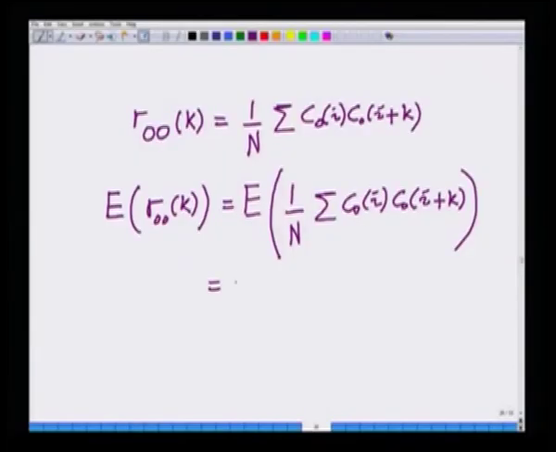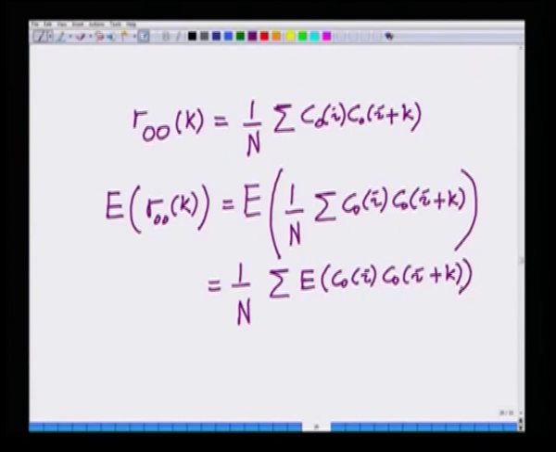Since the expectation operator is linear, I will take the expectation inside, that is 1 over n summation expected C0i into C0(i+k).